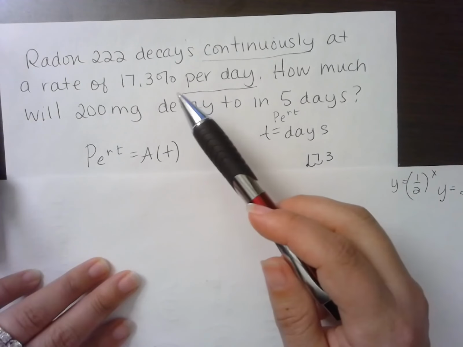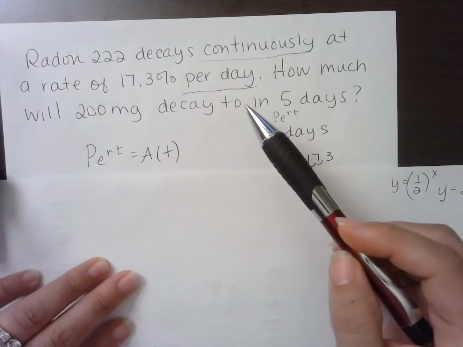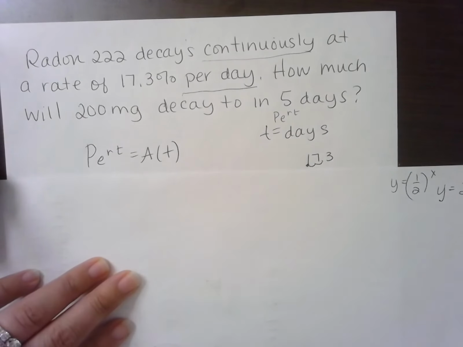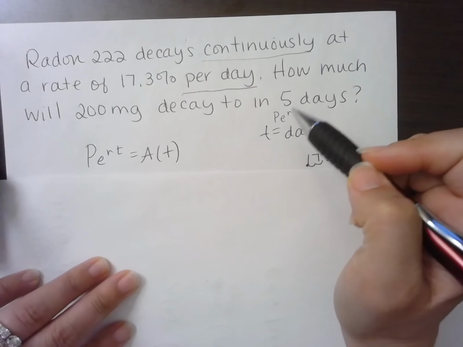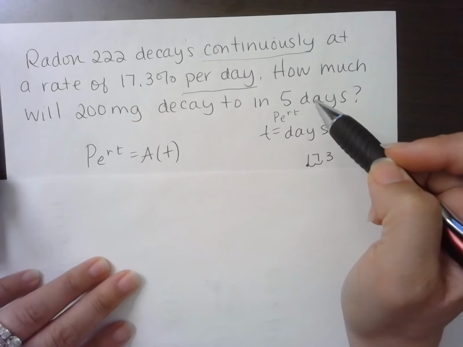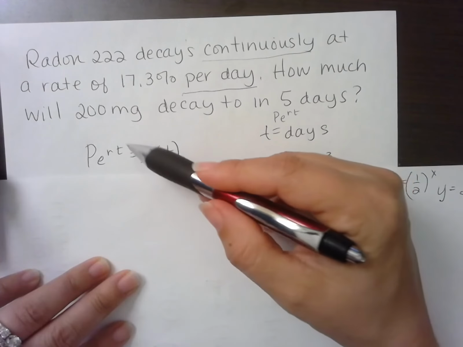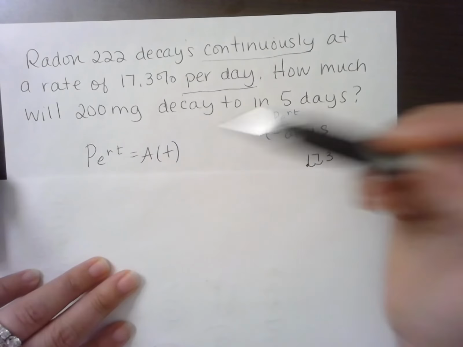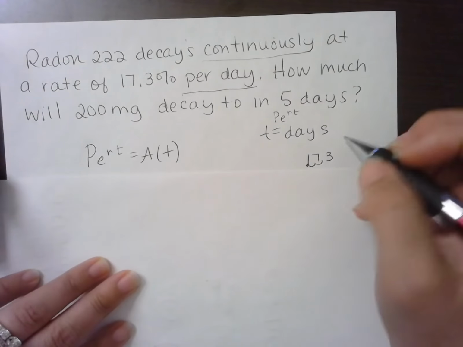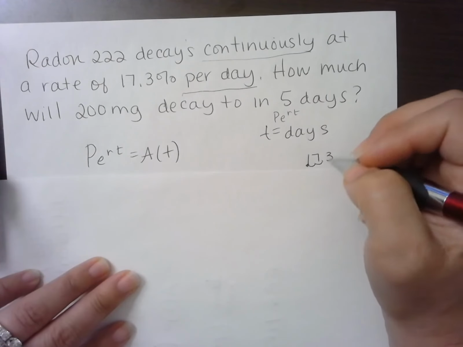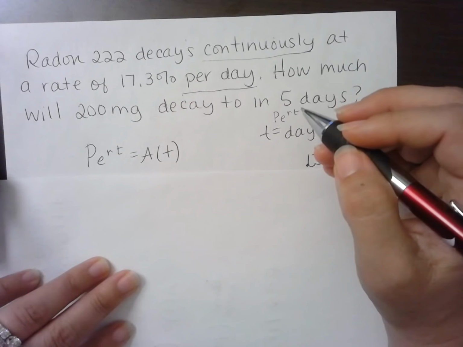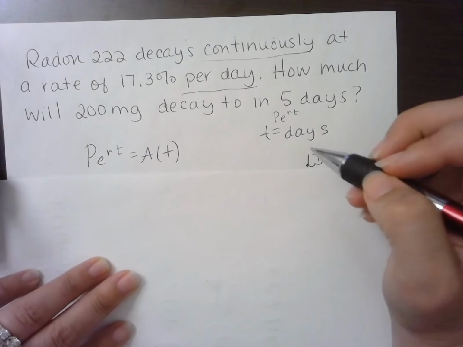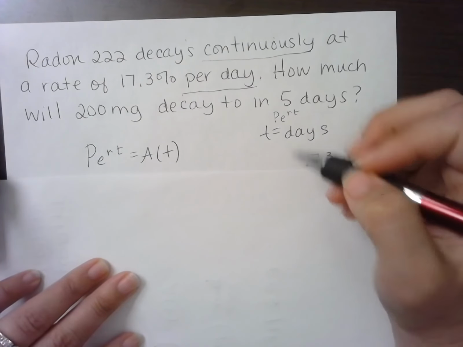If it was continuously per year, then we would use t in years, or if it was per month, then we would use t as months, but it explicitly says per day here. And so our t is in days, so in this case our t will be 5, and then 17.3 as a percentage is 0.173 as a decimal. I'm dividing 17.3 by 100, which slides the decimal point 2 places to the left.